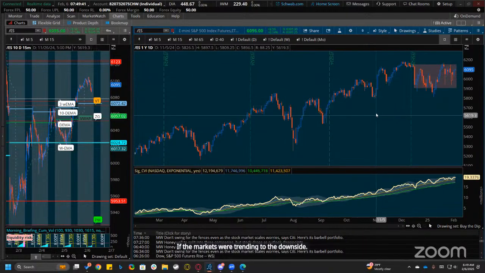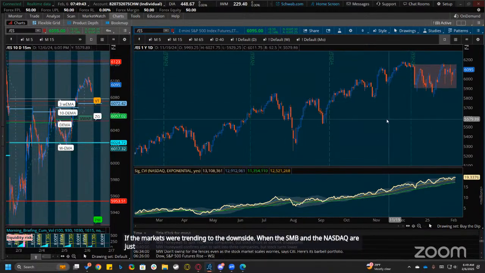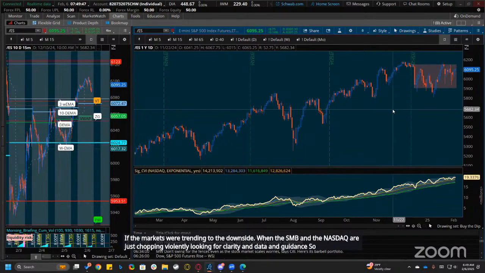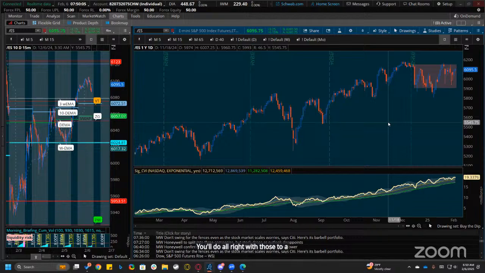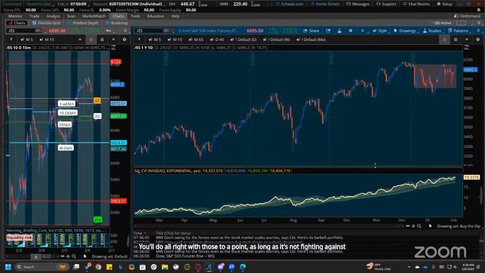When the S&P and the NASDAQ are just chopping violently, looking for clarity and data and guidance, so is the rest of the market. And you're going to find it a lot harder to try to play themes, sectors, and groups, peers individually. As a stock pickers market, if you're just going in and hitting on one company for its own reasons of moving, you'll do all right with those to a point, as long as it's not fighting against whatever we've got that day.